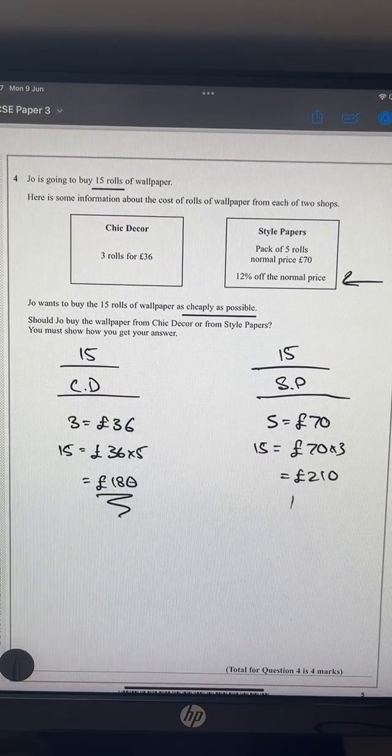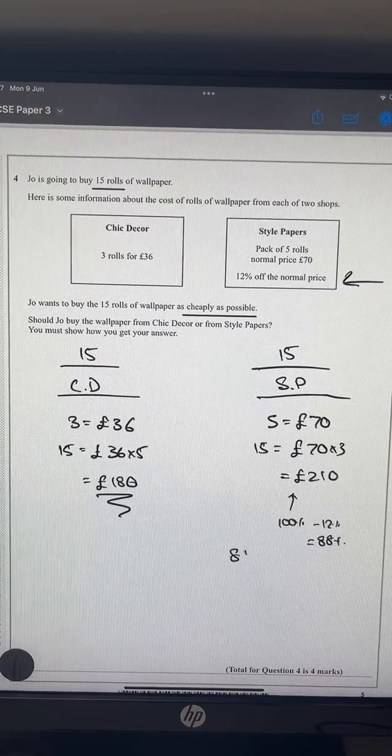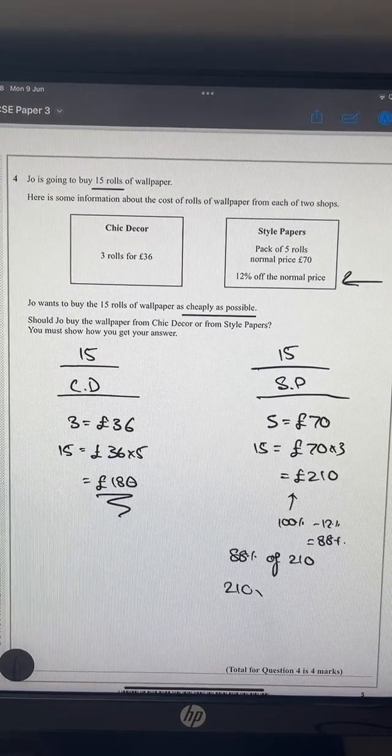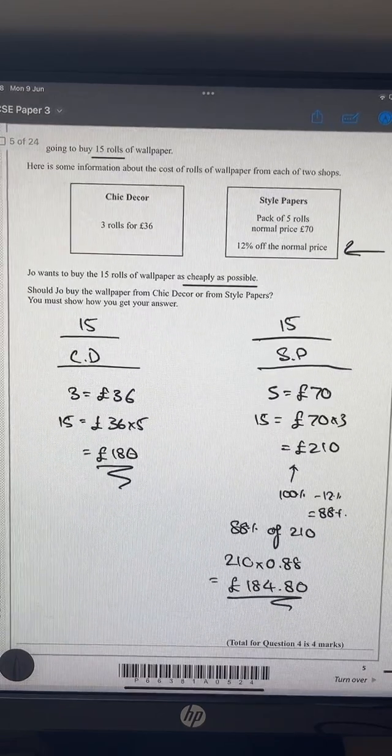So if this is going to be 100%, 12% off is 100 minus 12%, which is 88%. So I need to just find 88% of 210. So I just do 210 times 0.88 as a decimal, right? And that is going to be equal to £184 and 80 pence. So these are my two answers.